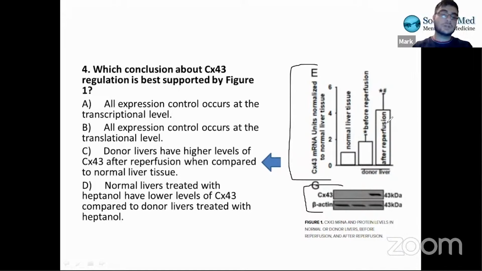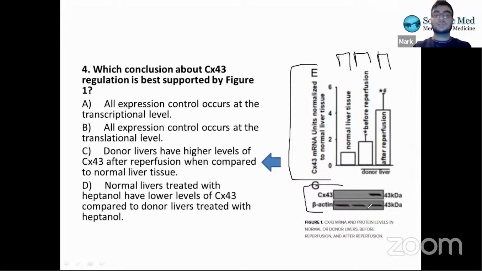Because if it's transcriptional control, it gets changed at the mRNA level. If it was translational control, it gets changed at the protein level. So the amount of RNA should be the same. So if it was translational control, it would be exactly the way it is, except these three bar graphs would be about at the same level, right? And only this would be different, really, okay?